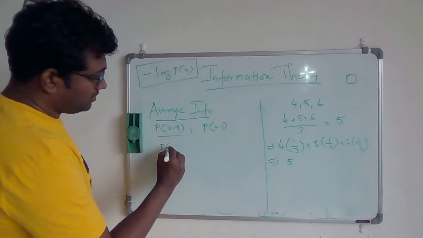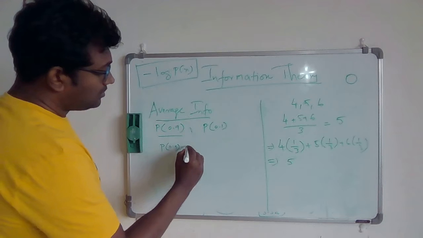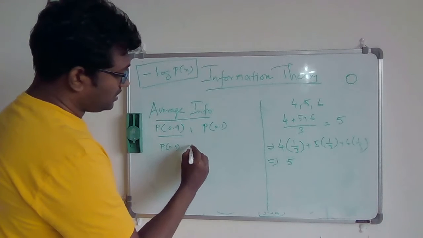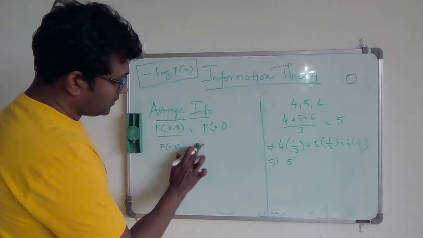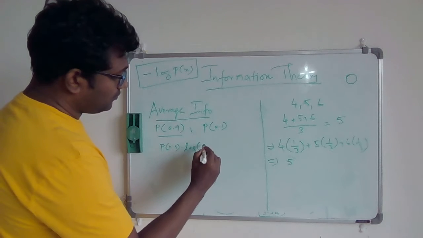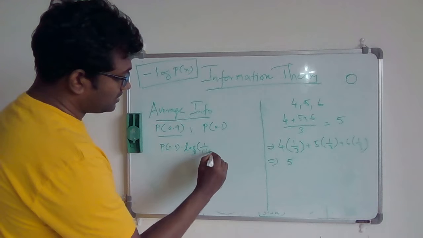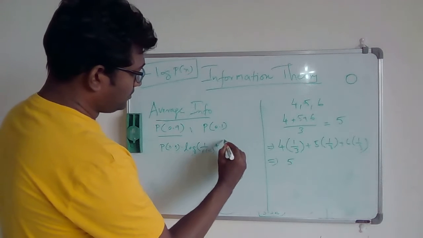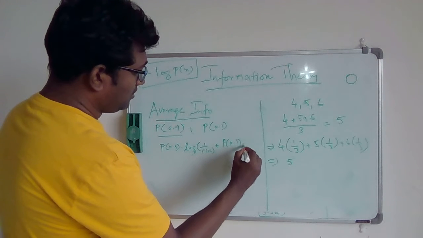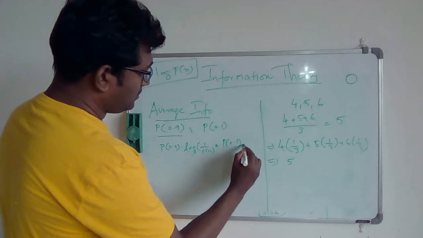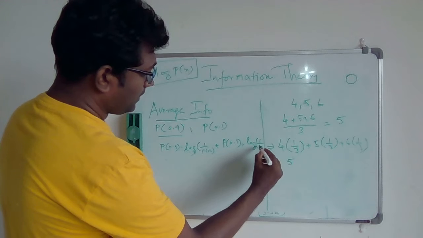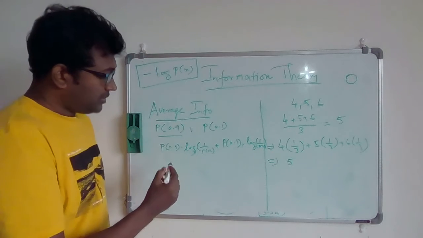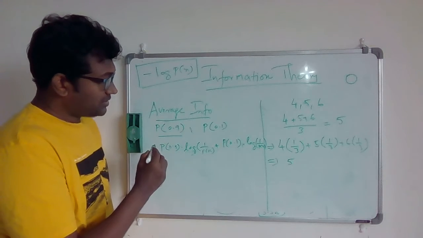It's like 0.9 into the information it provides, that is log of 1 by probability of x, plus 0.1 into log of 1 by p of x.